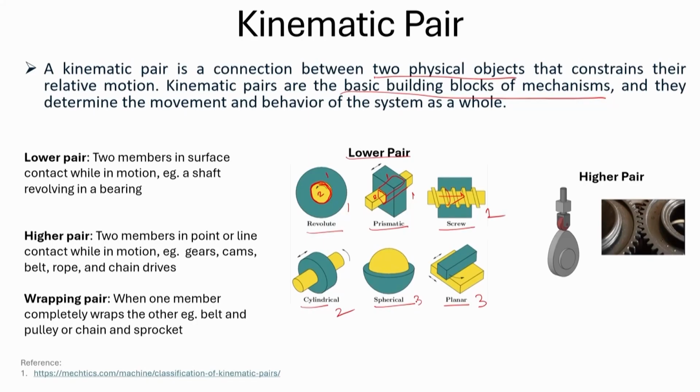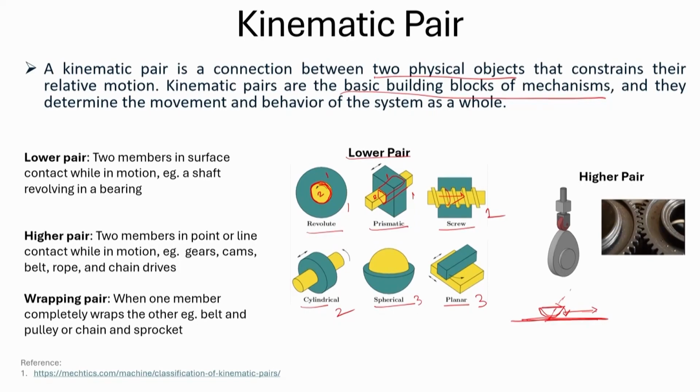Higher pairs, the simplest example I always say is that you take a semi cylinder, cut a cylinder into half and then put it on a flat plane. Okay. So, you can now see that it can have 2 motions. You see it is only this line which is in touch with this plane, and it is going to have one motion in this direction, and also it is going to rotate.